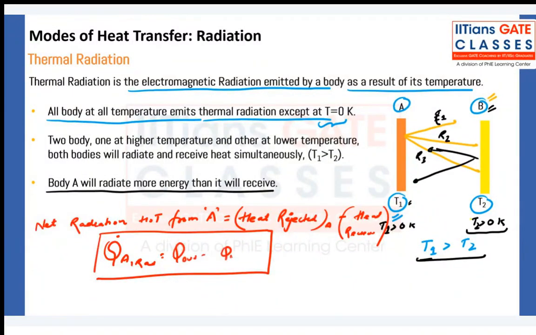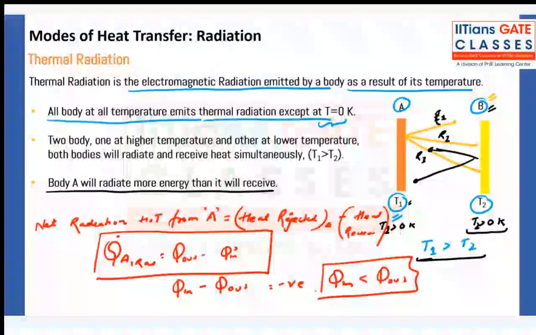It simply means that if it comes negative, that is, in minus out is negative, then Q in is less than Q out. That means you are receiving less heat, so the body will cool down.